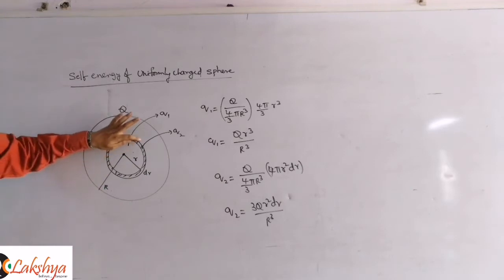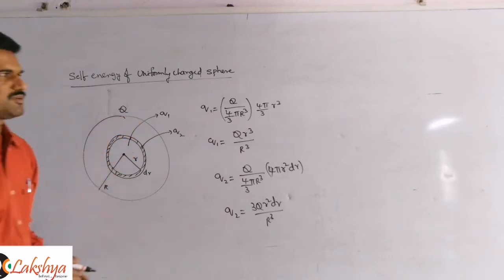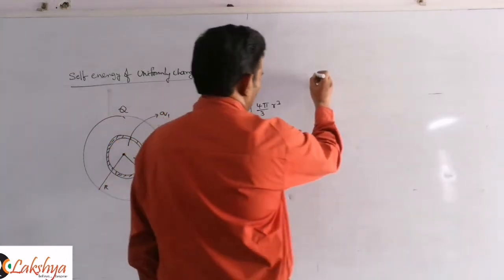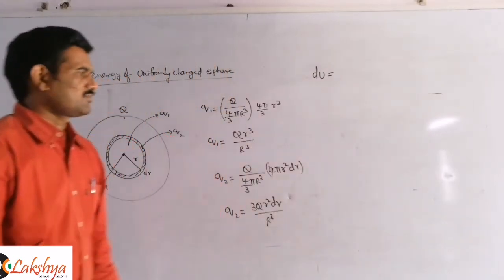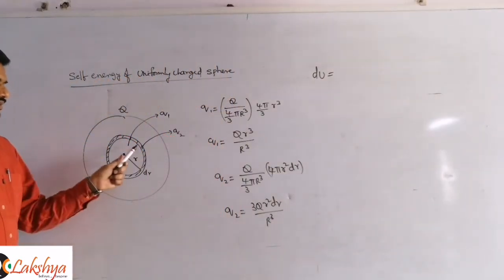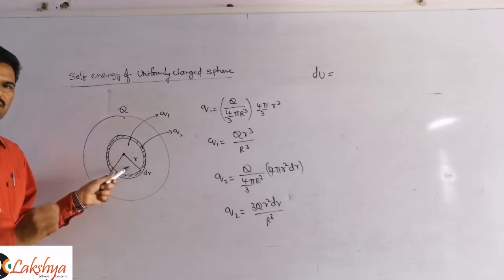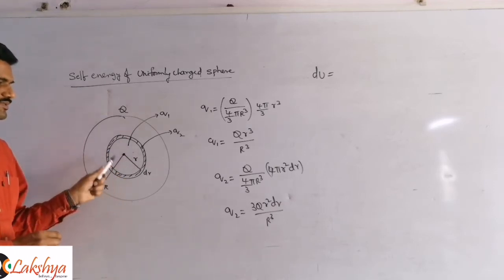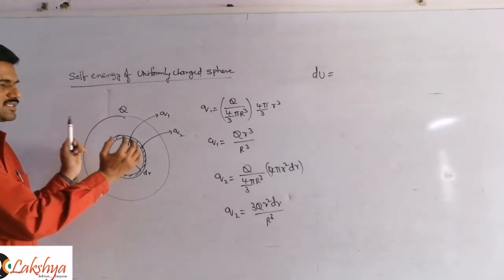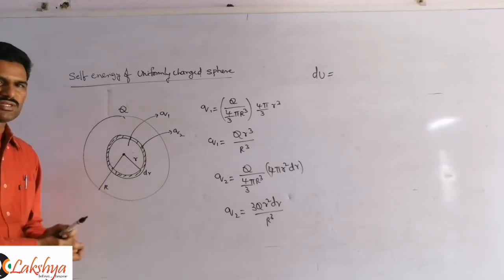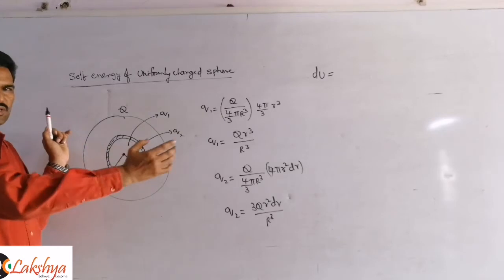Now these two elements are interacting with each other. So let us write the potential energy between them, dU. You can observe that the total charge q2, which is enclosed in the spherical shell, is lying in the potential produced by this one. What we are doing is adding such spherical shells to get the complete sphere.